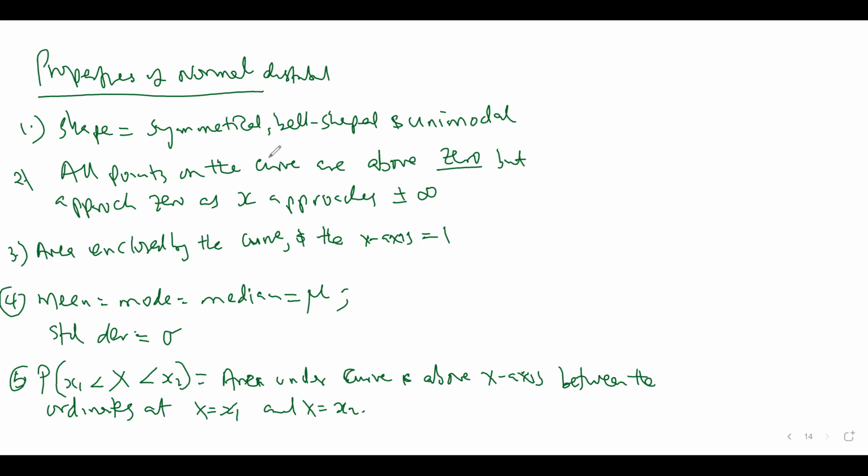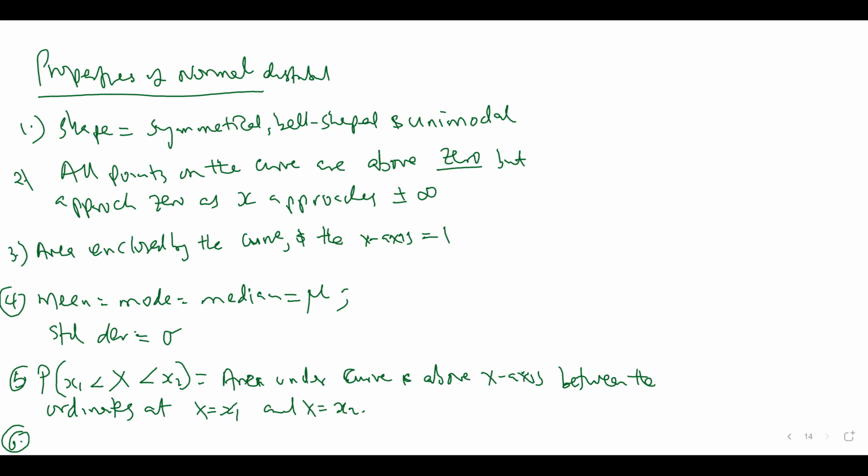We're going to list 6 properties of the normal distribution, and then after that, we'll define an alternative distribution, which we shall be calling the standard normal distribution. So there are some 6 properties of the normal distribution that we're going to discuss here.